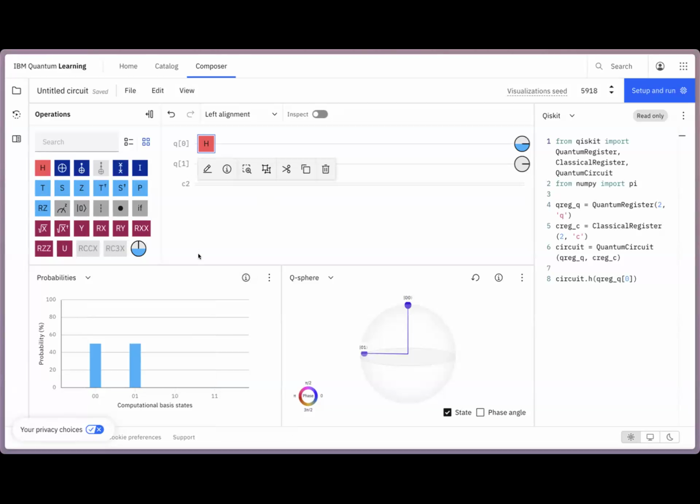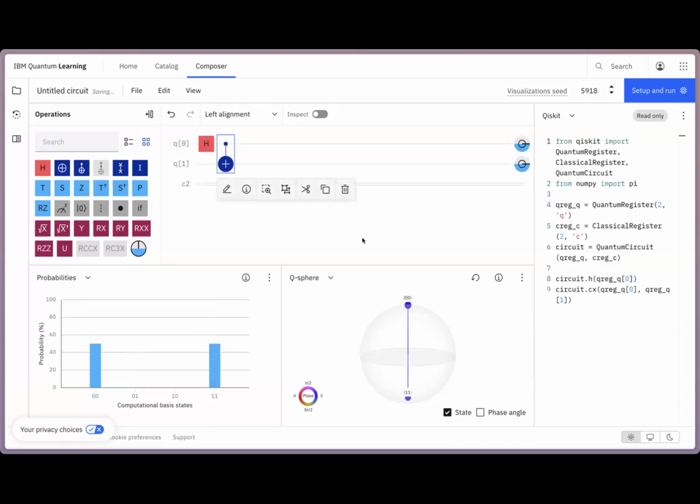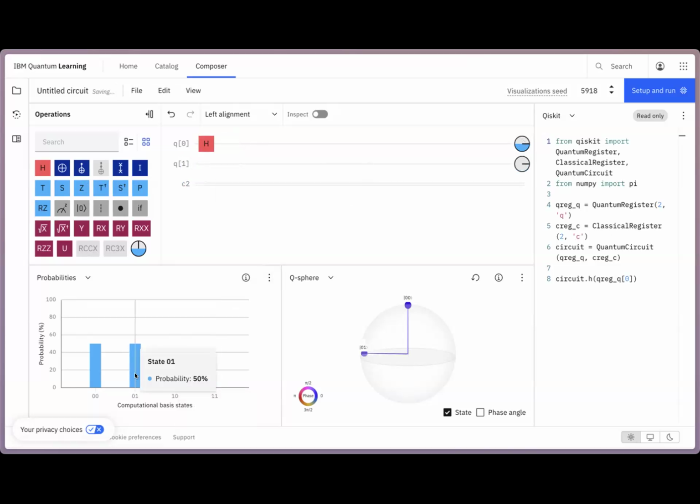Once you apply the Hadamard gate, I'm going to place our CNOT gate. Let me refer to it as the 1-0 state because I want to be consistent with our slide.